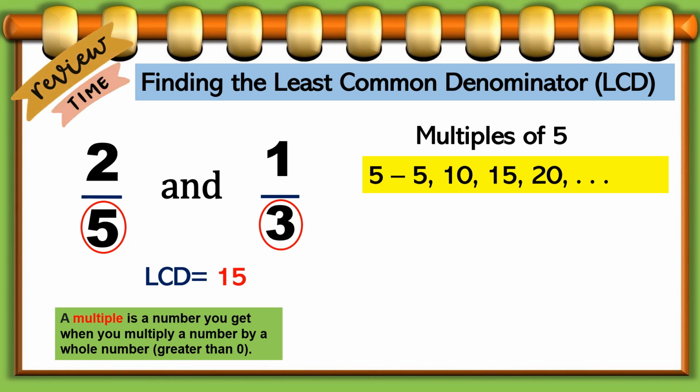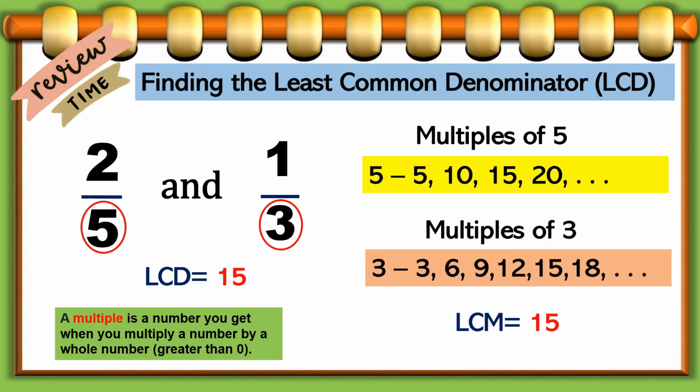Multiples of 5 are 5, 10, 15, 20, and so on. Multiples of 3, 6, 9, 12, 15, 18, and so on. So the least common multiple of 5 and 3 is 15. At the same time, the least common denominator of 2/5 and 1/3 is 15.